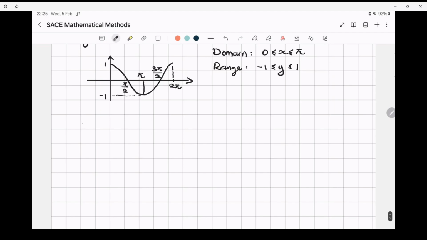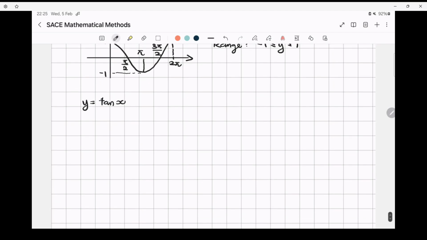So now let's look at the tangent graph. Tangent graph will be a little bit special. So this is pi over 2.